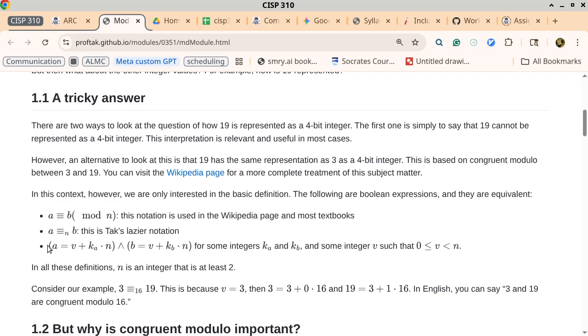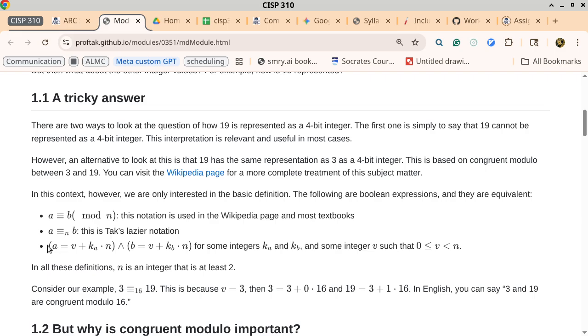V has to be at least 0, meaning it cannot be negative. And n has to be an integer that is at least 2 because it usually corresponds to a base. Okay, so are we okay with all the restrictions on a, b, v, ka, kb, and n?